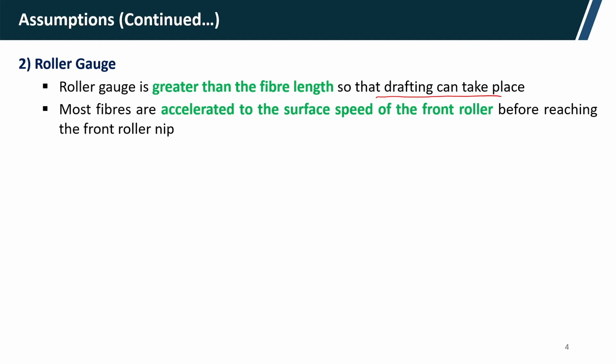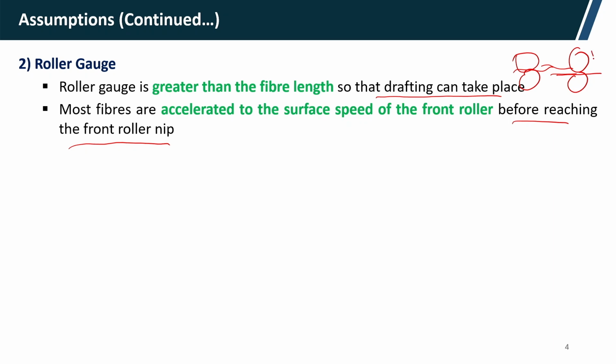Most of the fibers are accelerated to the surface speed of the front roller before reaching the front roller nip. Earlier we discussed that, in the ideal case, only after reaching the front roller nip will fibers take the motion of the front roller.